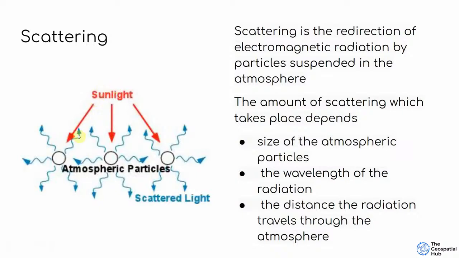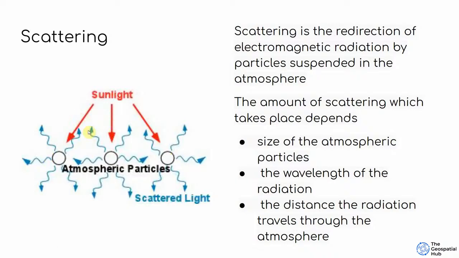When the sunlight comes in contact with the atmosphere, it scatters that radiation in different directions. Basically, scattering occurs when particles or large gas molecules present in the atmosphere interact with and cause the electromagnetic radiation to be redirected from its original path into different directions.